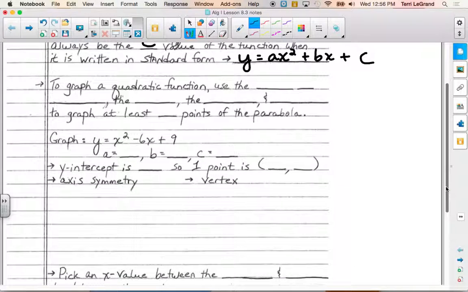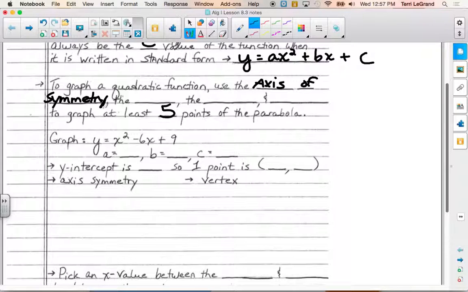To graph a quadratic function, here are the things we're going to use to get the points that we need, because I'm going to say you have to have at least 5 points. We're going to use the axis of symmetry, just like we have been doing.